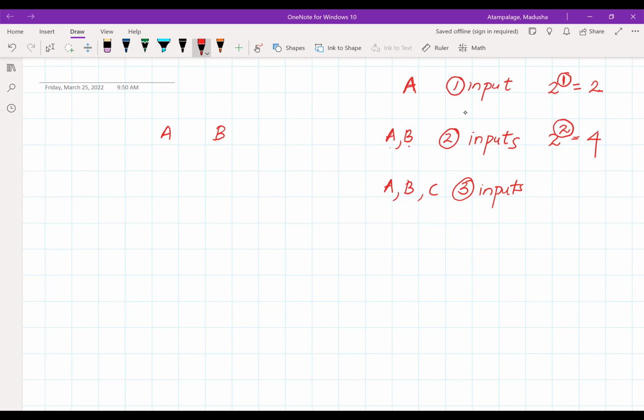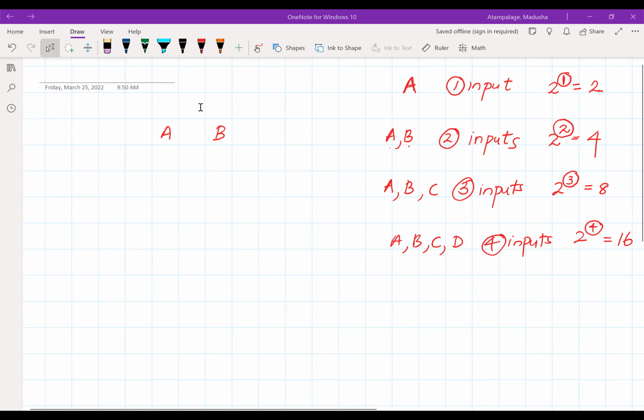And if we have 3 inputs, we take 2 to the power 3, and in this case we have 8 input combinations. Okay, like that you can repeat this. If we have 4 inputs, we find 16 input combinations. So that is the way we find the number of possible inputs.